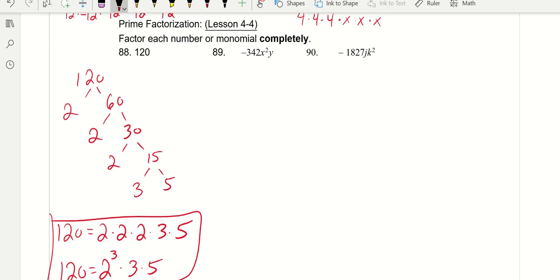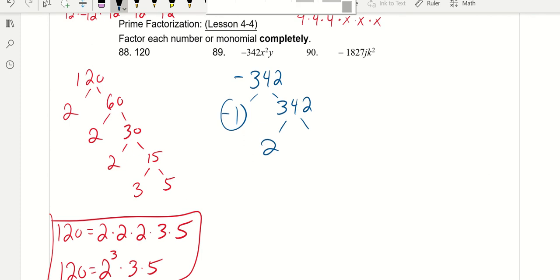All right, the next one, let me do this in blue. Negative 342. We're going to factor out a negative 1. 342. So this is going to be 2. And then this is 171. Let's do our rule for 3. 1 plus 7 plus 1 is 9. We can divide that by 3.